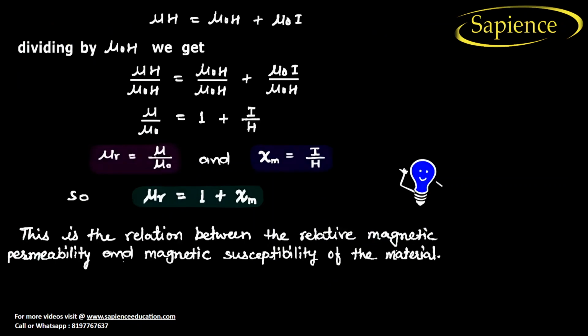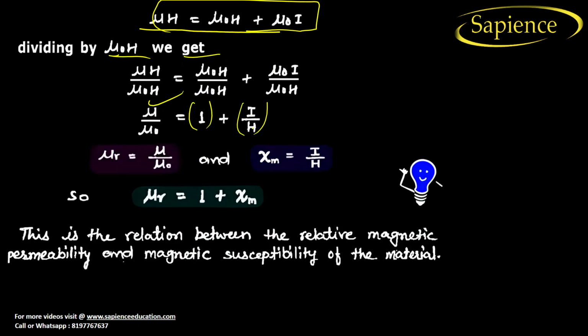Now we will put in the values. So mu H is equal to mu naught H plus mu naught I. Dividing by mu naught H, we get mu by mu naught equal to 1 plus I by H. So mu by mu naught is known as relative permeability, and I by H is also known as xm, that is susceptibility.